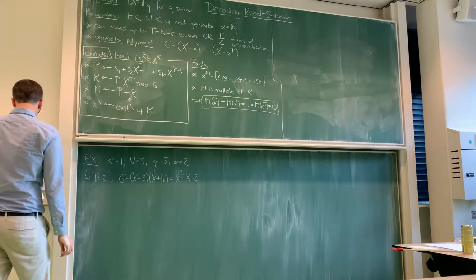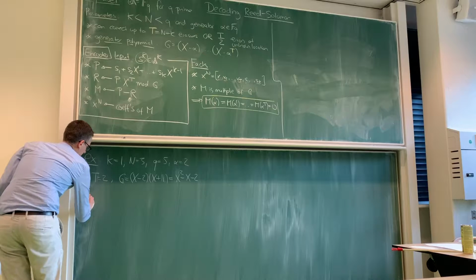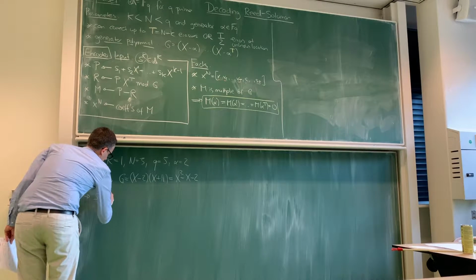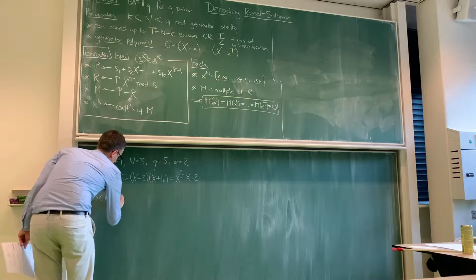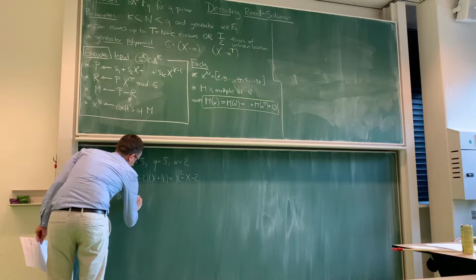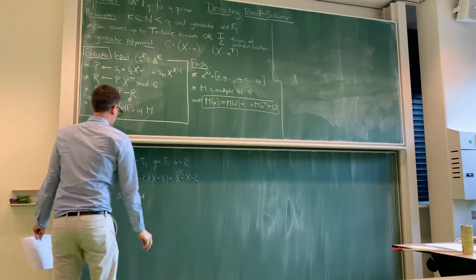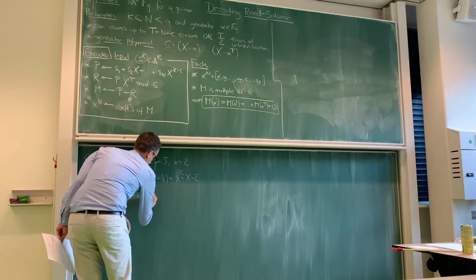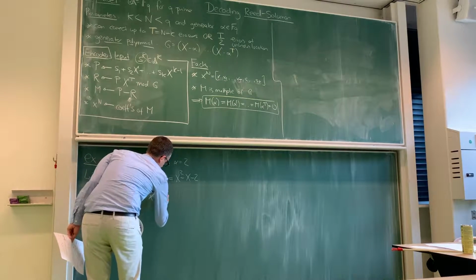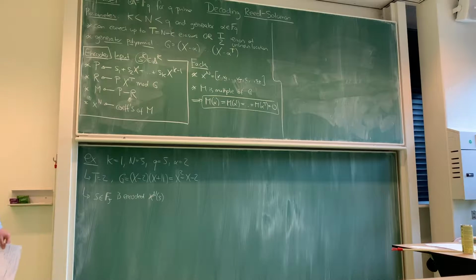And so now if I encode a message, let's say s in F5, then it's sort of not hard to check. What should it be?